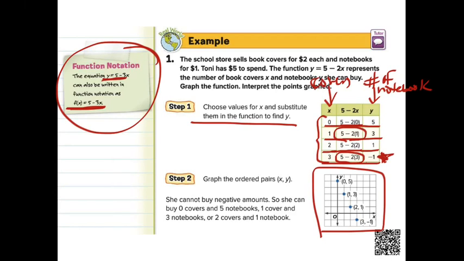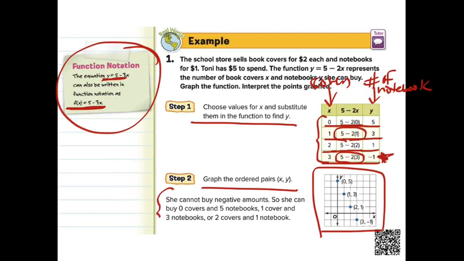Okay, we're on our graph at this point. It says graph the ordered pairs. So if we look at our ordered pairs, do you notice this is down in a negative area? If this y represents number of notebooks, I can't have a negative amount of notebooks. Okay, that's a problem.